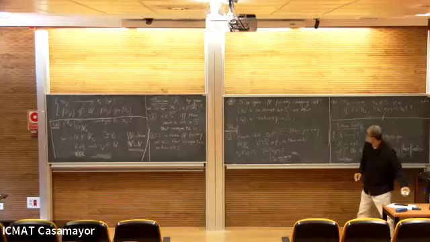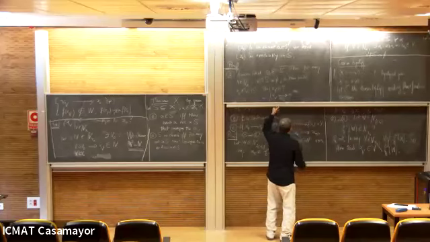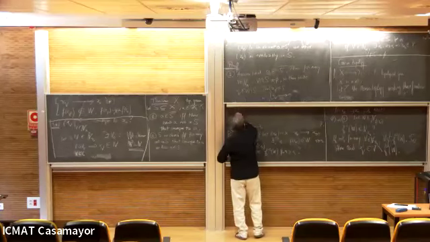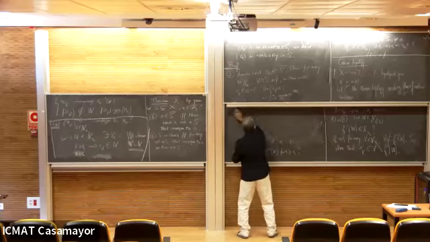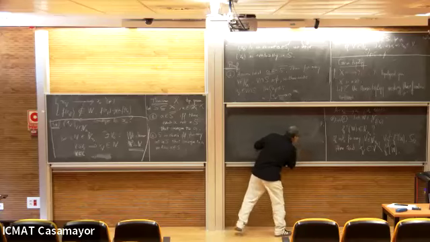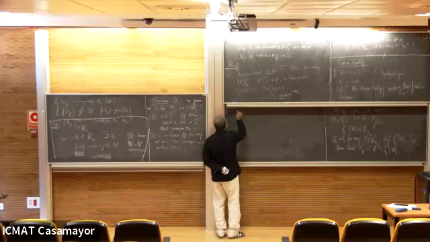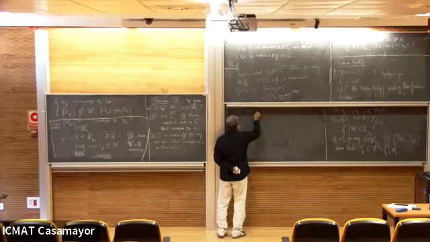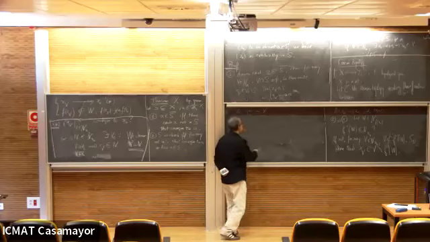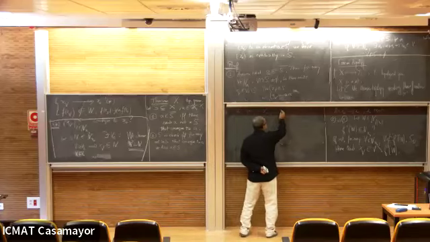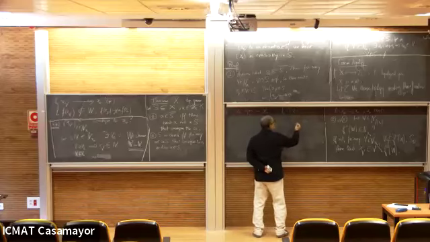So if V_i is an open set in Y_i, then for this topology, f_i minus 1 of V_i should be open.